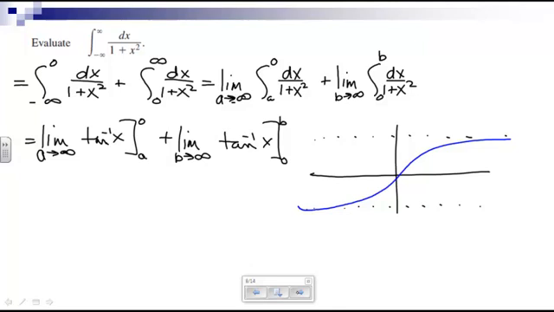B is this value here, and it's getting bigger because it's approaching infinity. A is down here, going to the left and getting smaller. So A and B are upper bounds to the area under a curve.